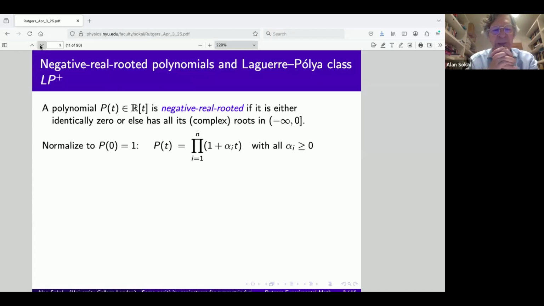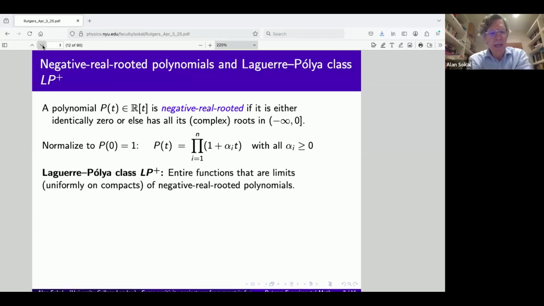And just to make things simple, let me normalize to polynomials with constant term 1. Then you can write it as a product like this, the product of 1 plus alpha_i t, where the alpha_i's are the negative reciprocals of the zeros. Okay, good. Now, the Laguerre-Polya class of entire functions, LP plus, are the entire functions that are limits of negative real-rooted polynomials.